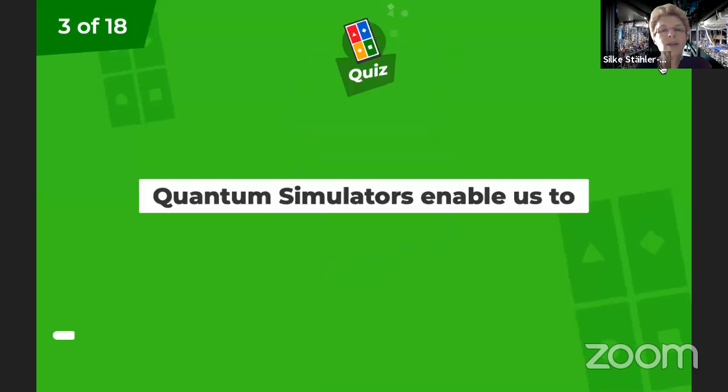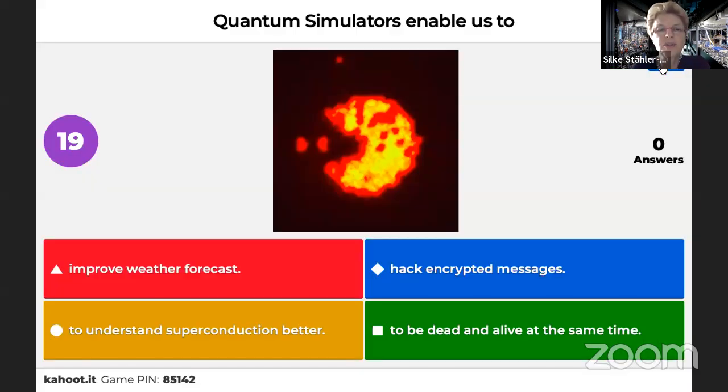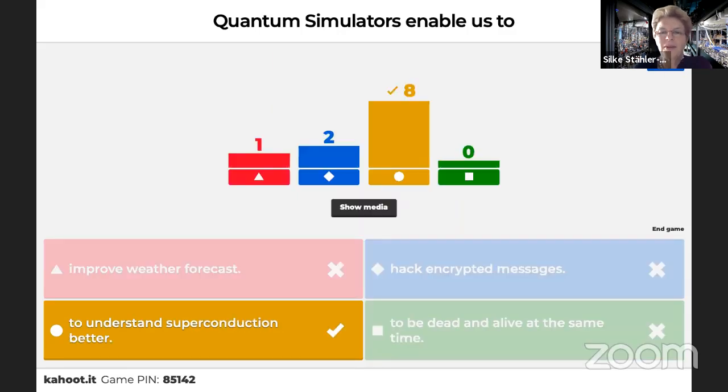And now we look at the third question. Quantum simulators enable us to... Okay, the right answer was to understand superconduction better.